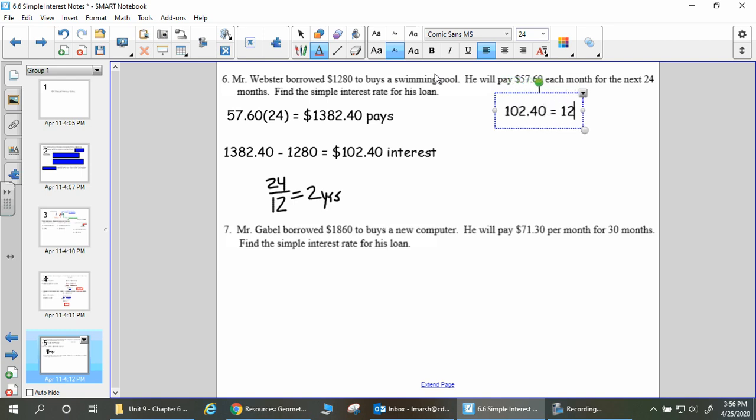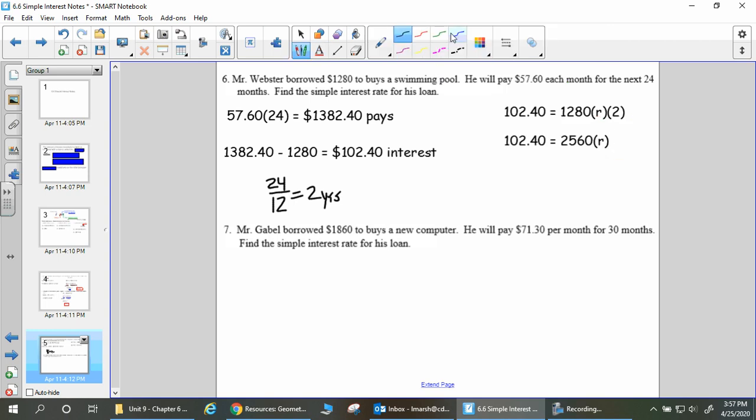The principal is the amount you borrowed, $1,280, times the rate that we don't know, times the time, which was 2 years. At this point, your steps are identical. The $102.40, 1,280 times 2 is going to be 2,560.